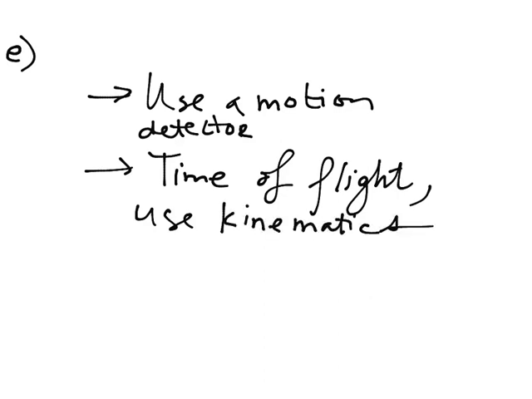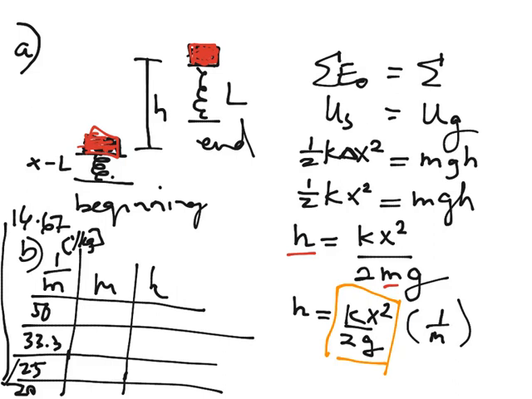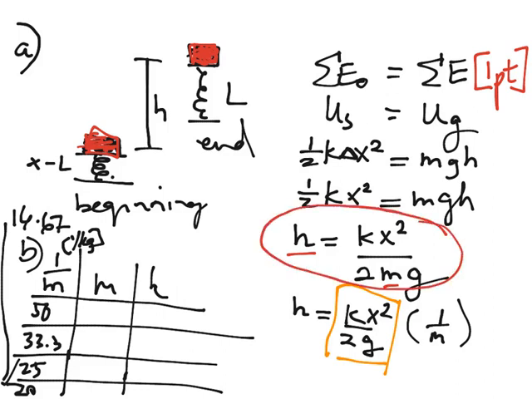Okay, to go back and talk about points. There are 10 points in total. Going back to part A, if you realized that you needed to use conservation of energy, give yourself 1 point. If you actually found h equals kx squared over 2mg, give yourself 1 more point.